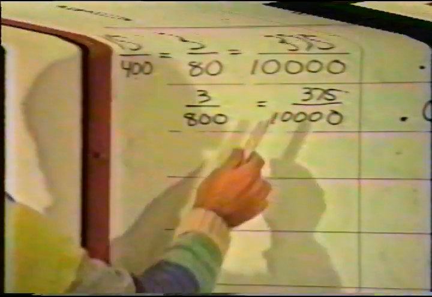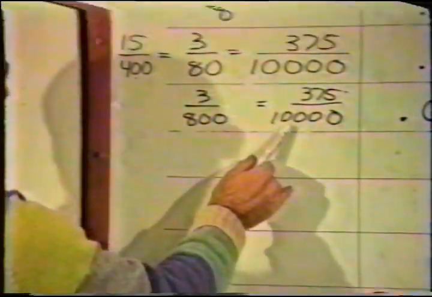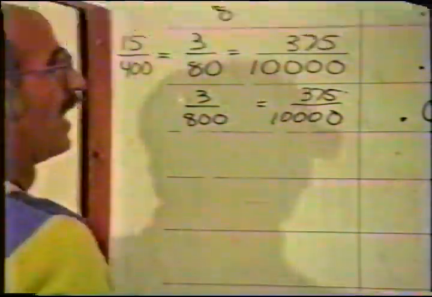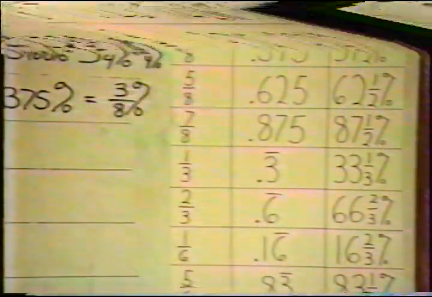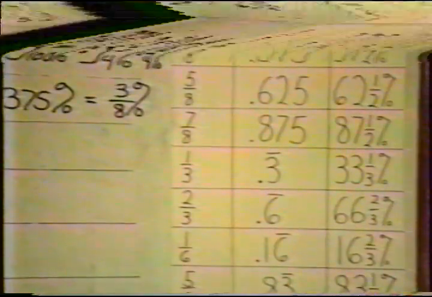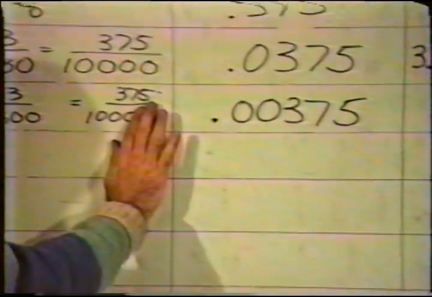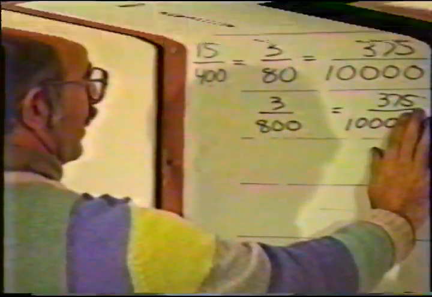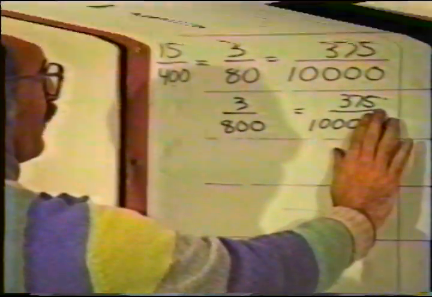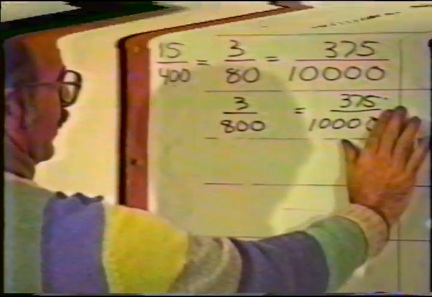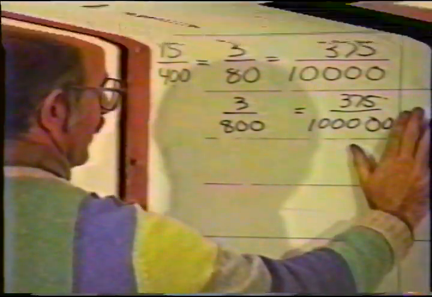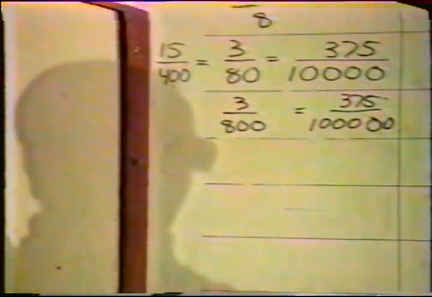We can divide both top and bottom by 125. How many 125s are there in 375? 3. How many 125s are there in 1,000? 8. In 10,000? 80. In 100,000? 800.